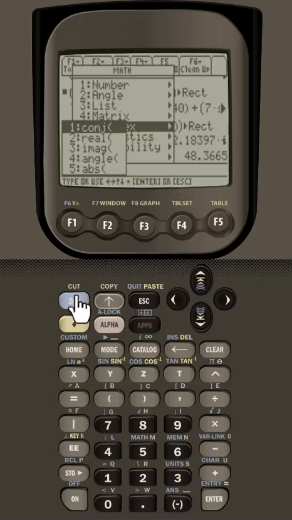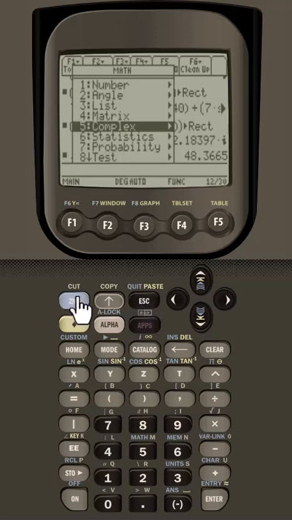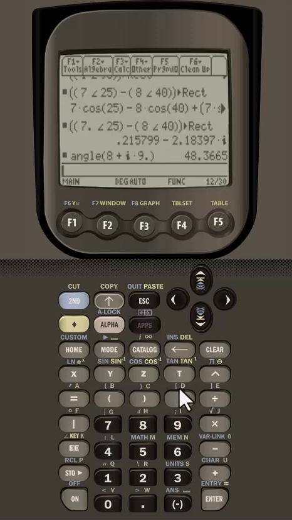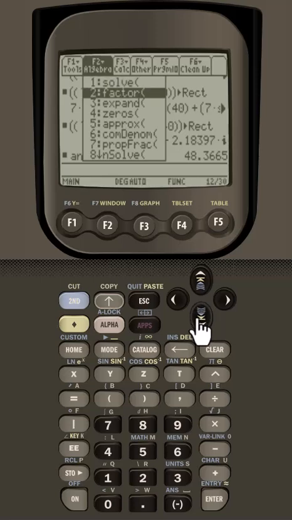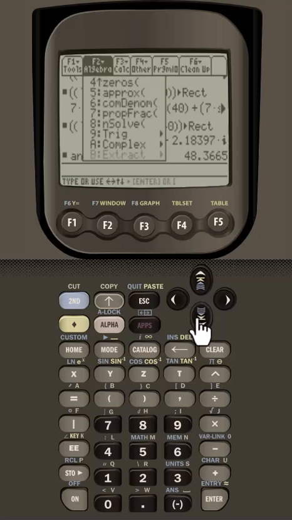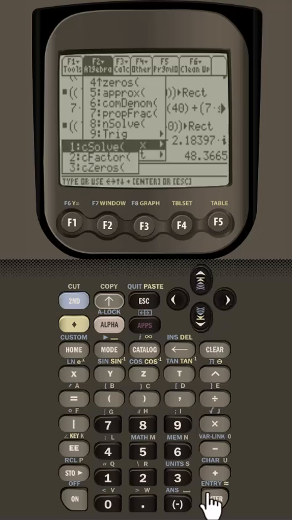While I'm here, I'm just going to show you really briefly another feature, and I'll try to come back and give you more stuff later. Let's say I wanted to solve an equation that had complex values in it. So I'll go to F2, which is algebra, and you go down to complex, and then you go over to C solve.